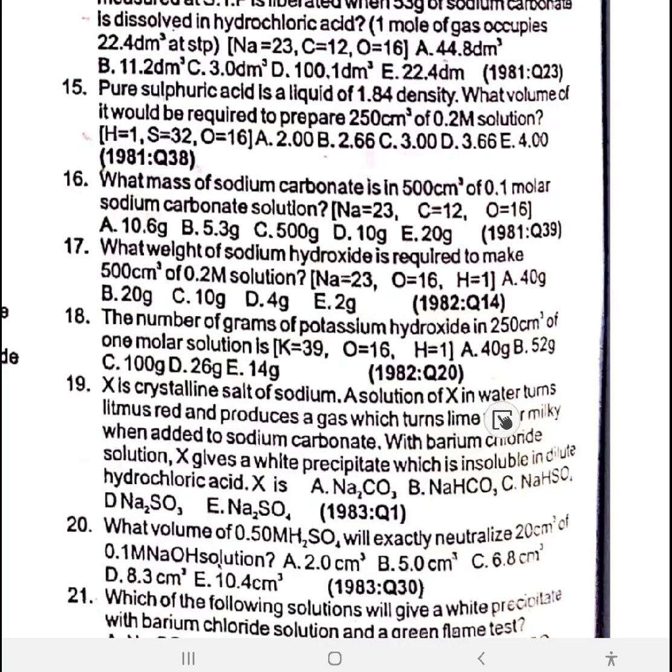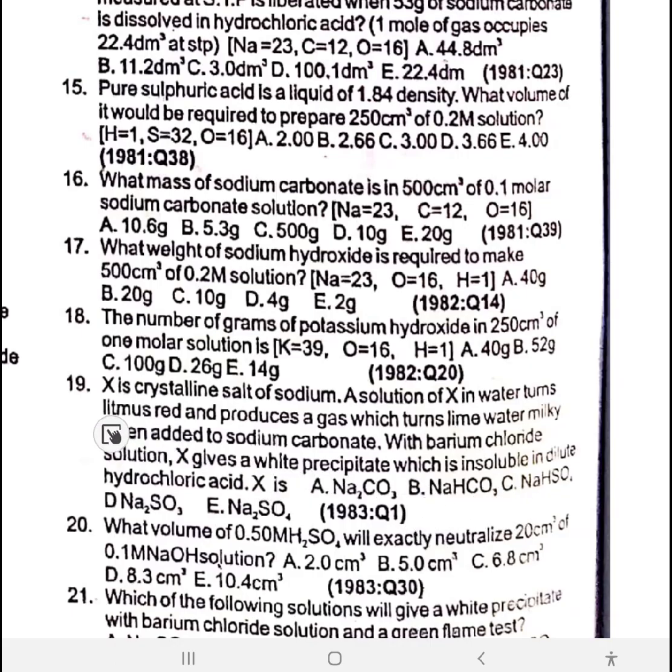A solution of X in water turns red litmus. If it turns red litmus, it means it has to have acid in it. So this one has no acid, this one is a normal salt. This one is an acid salt. This one too is an acid salt. This other one is a normal salt. So the answer is between option B and option C.